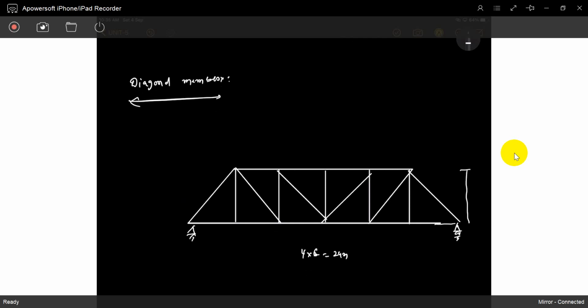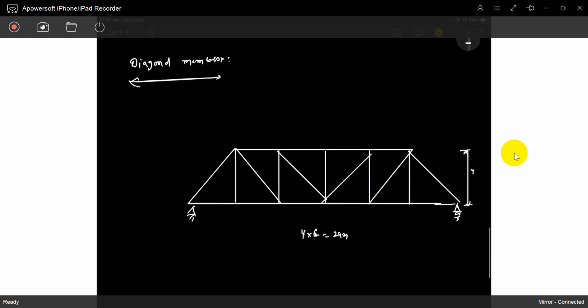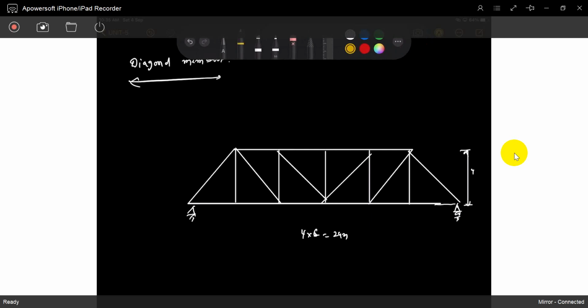Height is also 4. The designations are L1, L2, L3, L4, L5, L6, L7, U2, U3, U4, U5, U6.